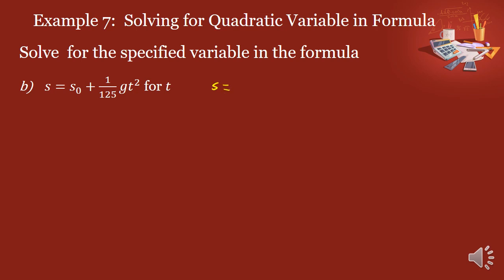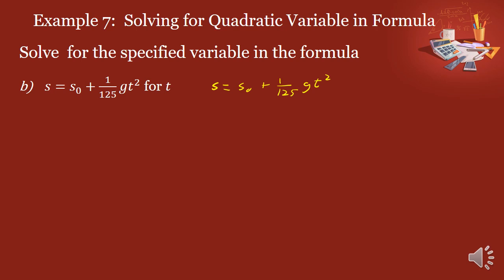s is equal to s0 plus 1 over 125 g t squared, and we want to solve this for t. So the way we want to do that is first get all the terms without the t's on one side and all the other terms on the other side. We only have this one term, so let's get rid of that.